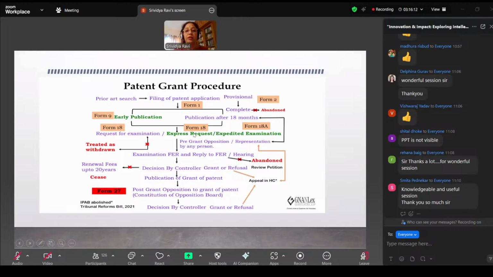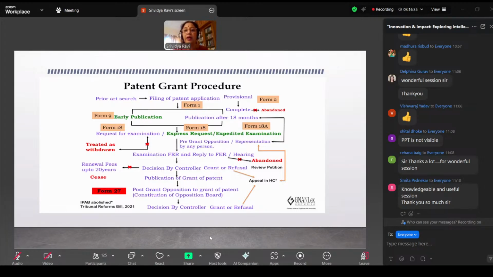Now, what happens before this? Let's understand what happens before you reply to the FER. Once you have requested for examination, and the patent has been published, in the meanwhile, your patent can be opposed by any person. What do you mean by opposed?